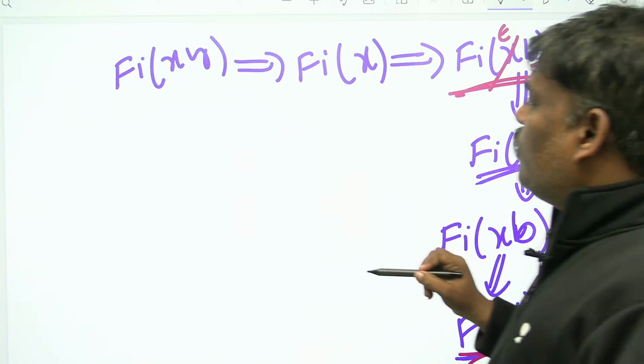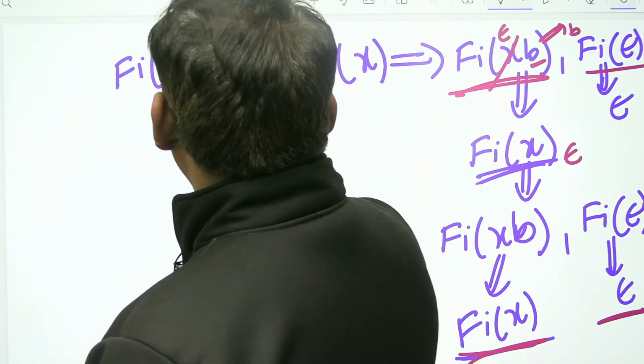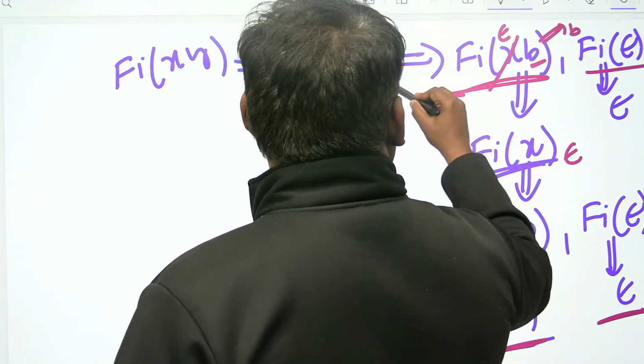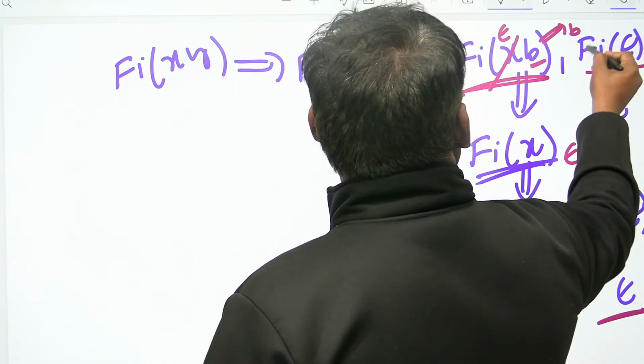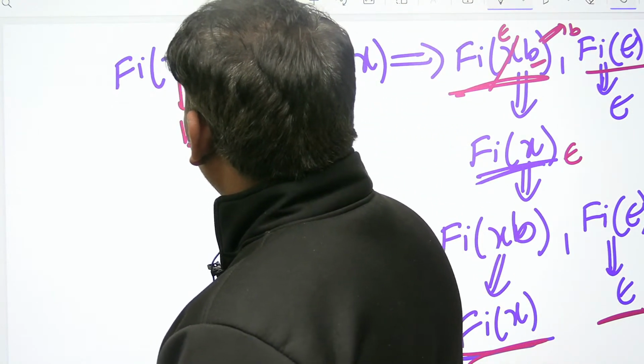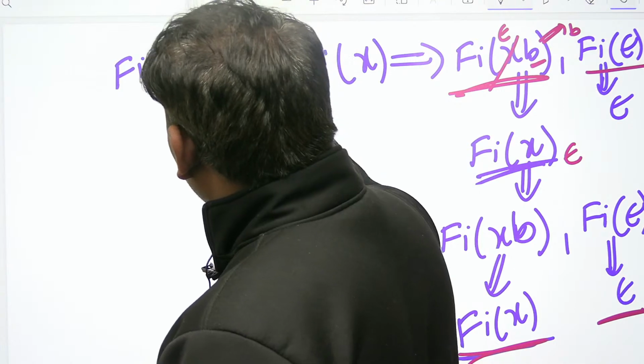So first of XY contains first of X, which is B and epsilon. Because of epsilon, go here also.